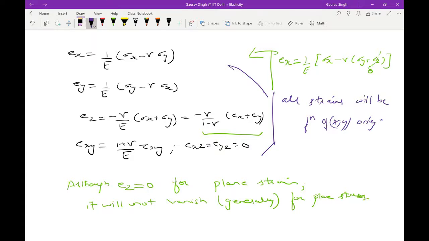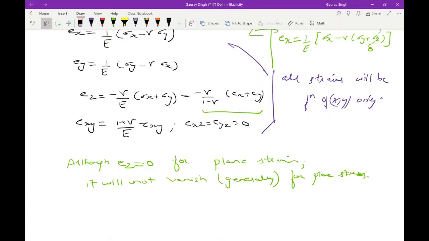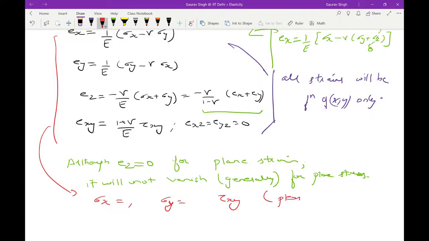Okay, you can also do an inversion. You can invert this and find out what sigma x would be and sigma y would be and so on, tau xy. Okay, please do this.